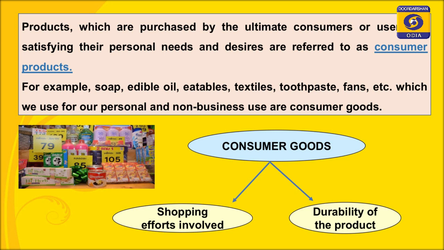So basically the products which are purchased by the ultimate consumers or users for satisfying their personal needs and desires are referred to as consumer products. That means once the consumer is purchasing it, it is being consumed by the consumer itself. It is not passed on to anyone else.